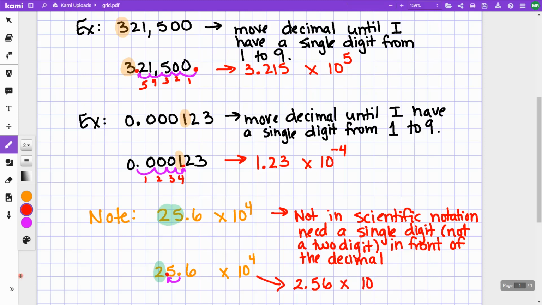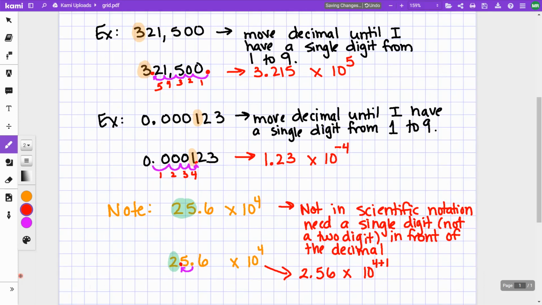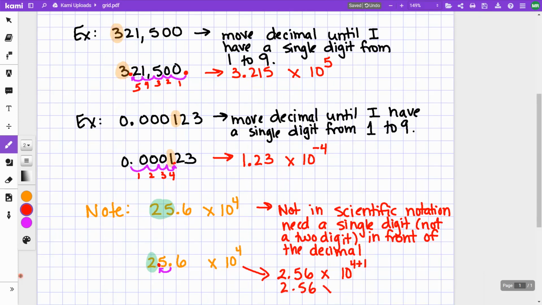And it was to the power 4, but I moved it one more place. So now it's actually going to be times 10 to the 5th. Okay, just want us to understand that. Sometimes things look like they're in scientific notation, but they are not.